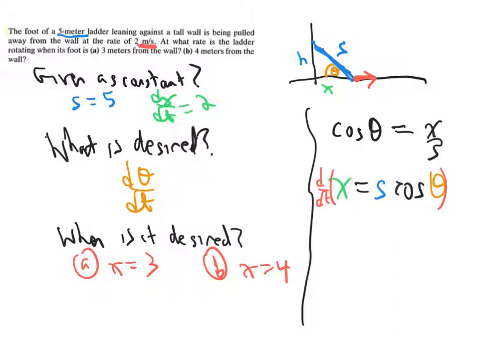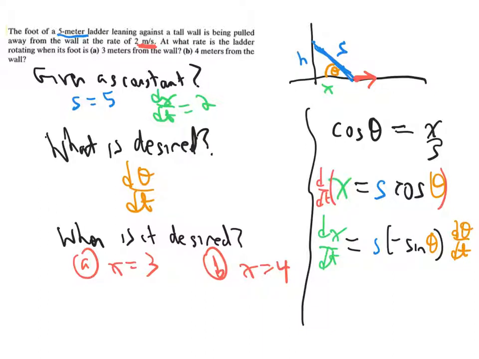On the left, that will yield dx/dt. On the right, s is a constant, so it comes out front. And the derivative of cosine is minus the sine of theta. But we weren't taking the derivative with respect to theta, we were doing it with respect to time, so we also pick up a d theta/dt.